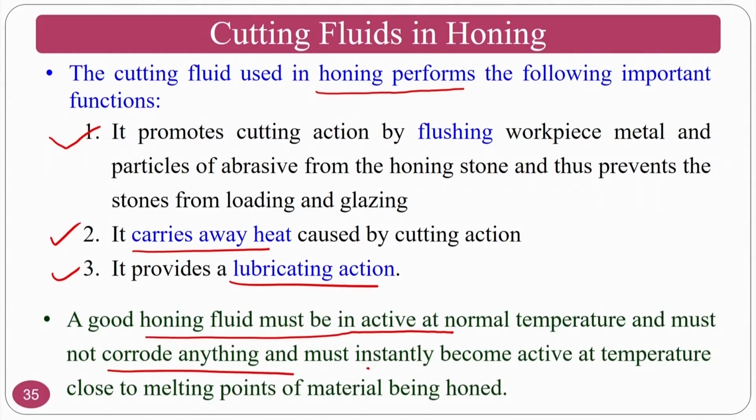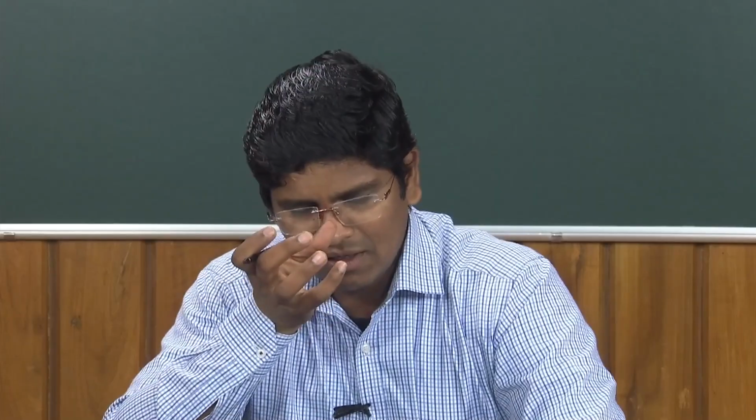A good honing fluid must be active at the normal temperature and must not corrode anything. Okay, at the same time, it should instantaneously become active at temperatures close to the melting point of the workpiece material to be machined. If the temperatures are going higher and higher, what will happen in terms of engine cylinders and other things? If the temperatures go very high, it may reach the temporary melting point of that particular cylinder material or cylinder liner material.